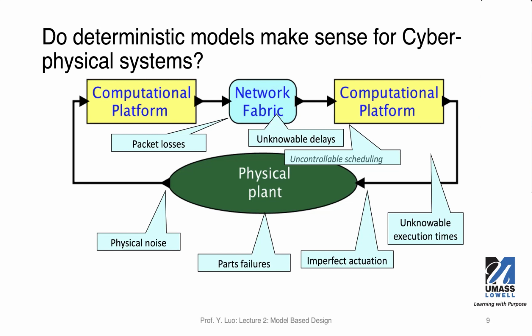But with that said, we still have to have a deterministic model at the start to capture the essence of this system. Without that, you will be shooting a random target.